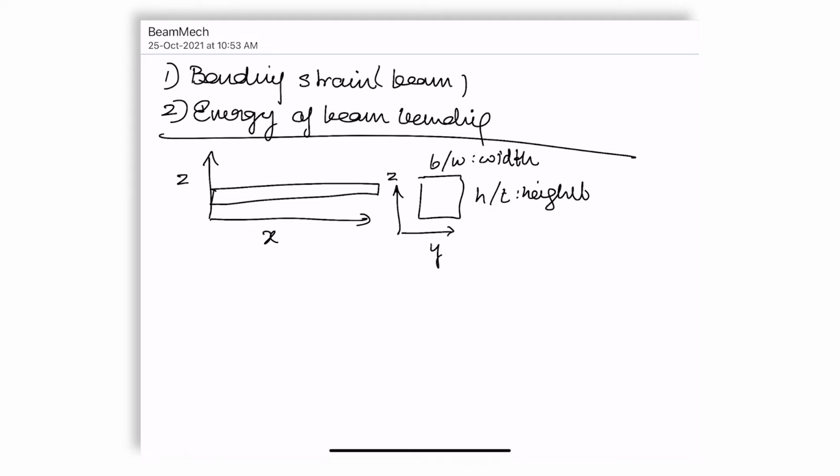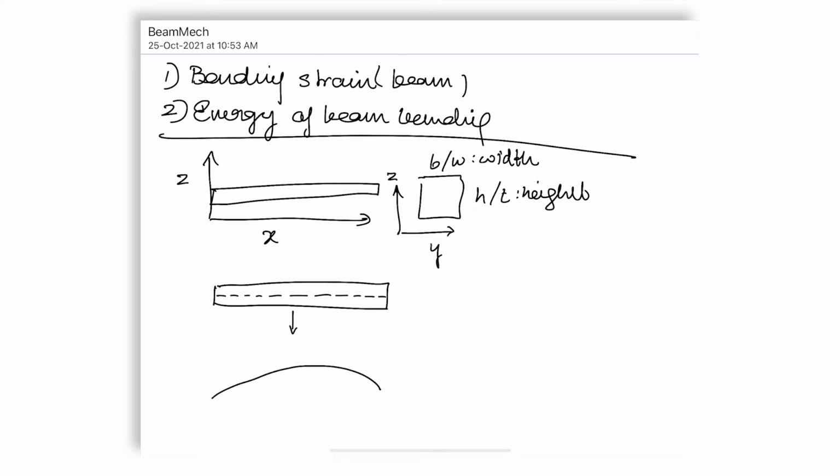So in the case of deformations, as we said earlier, beam bending along some axis results in a lack of deformation.